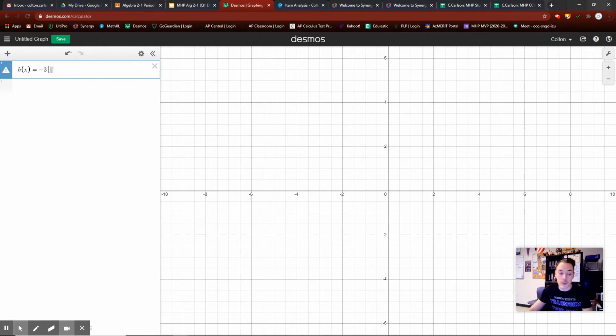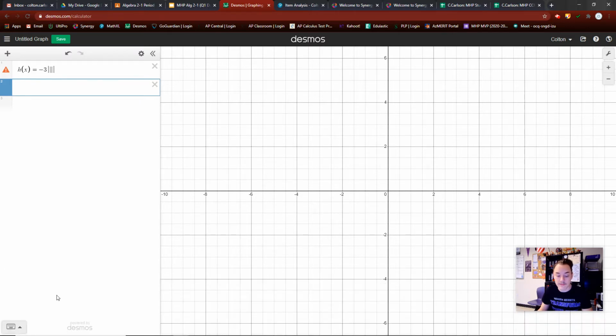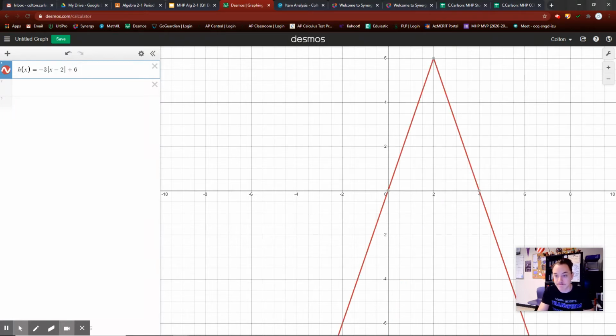If you don't want to do that, you can go down here and hit your absolute value button right here. It's right above the ABC. Either way, doesn't matter. x minus 2, scroll over, and then +6.